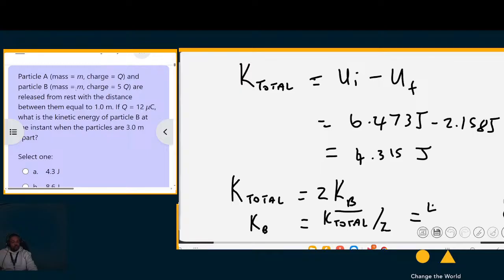So it will be 4.315 divided by 2. That will give you the kinetic energy at point B, and that answer is equal to 2.16 joules. So the kinetic energy at point B, due to the change in the potential energy, is equal to 2.16 joules.